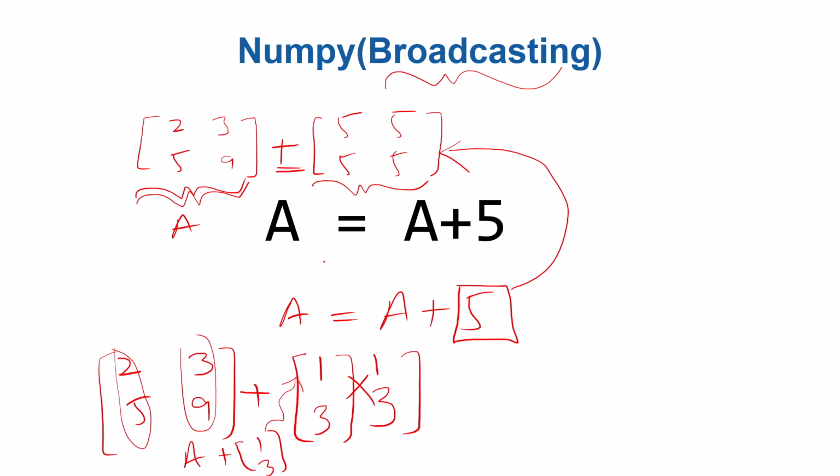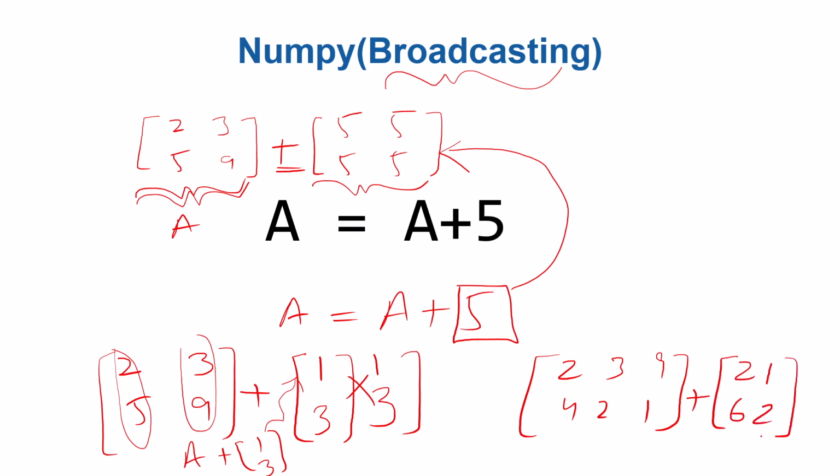Wherever broadcasting is possible, there are certain rules to know when it is possible. It is not possible each and every time. For example, if you have this matrix 2, 3, 9 and you have 4, 2, 1, and you want to add 2, 1 and 6, 2, the broadcasting may not happen.